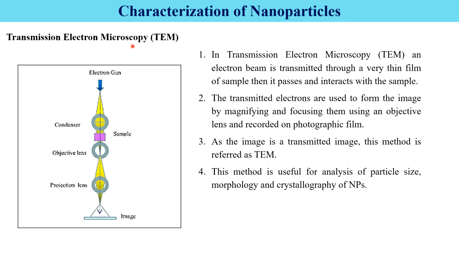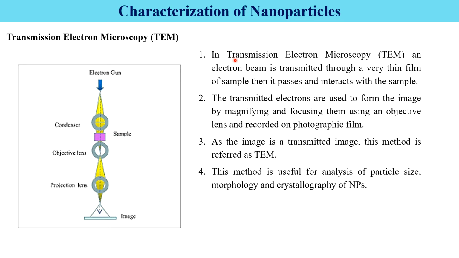The next technique is transmission electron microscopy. In the transmission electron microscopy, an electron beam is transmitted through a very thin film of a sample, and then it passes and interacts with the sample. This is the thin film of the sample.